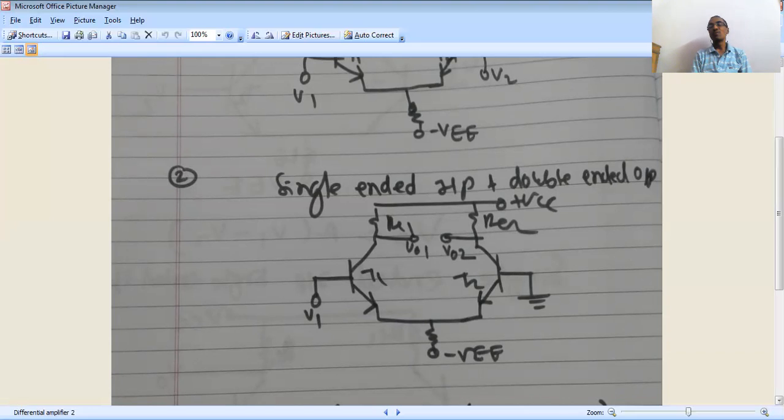So, once you understood what is the differential amplifier, what are the types of differential amplifier, and how differential amplifier works is very important while explaining operational amplifier.